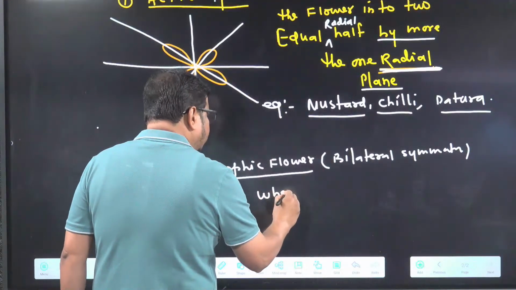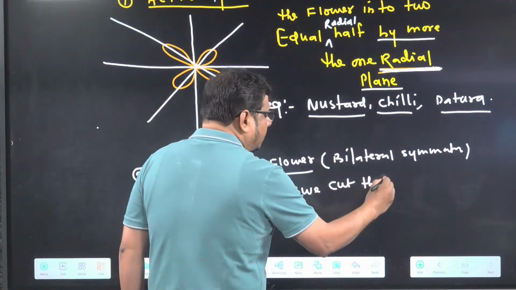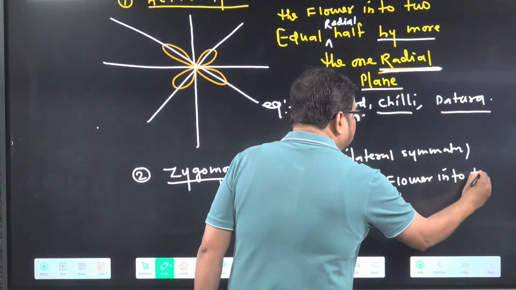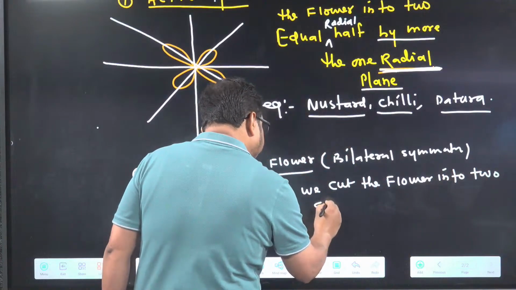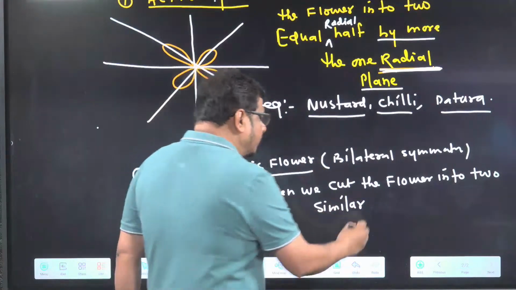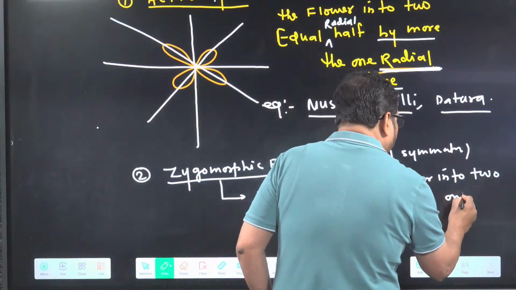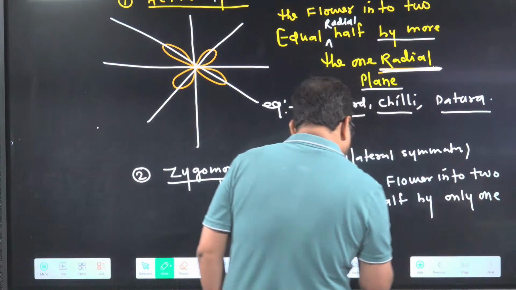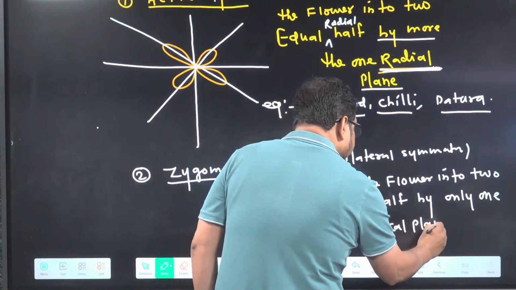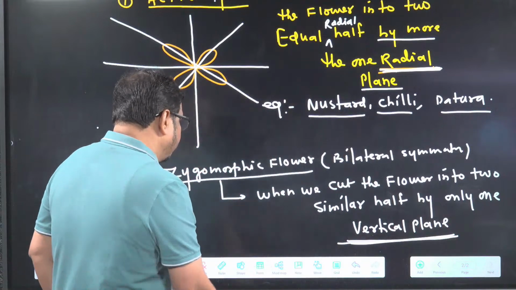When we cut the flower into two similar halves, now try to catch the words of the NCERT, two similar halves by only one vertical plane, it is called which one? Zygomorphic flower.